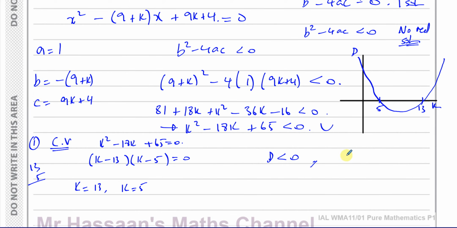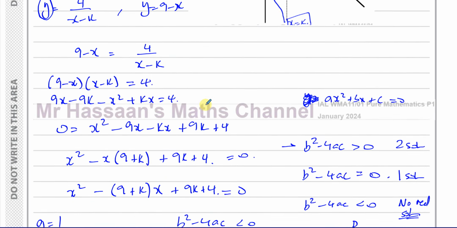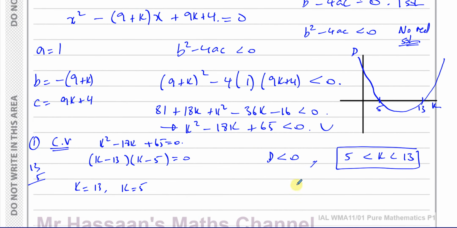When k is between 5 and 13. If the value of k is between 5 and 13, the discriminant will have a negative value. It says find the range of values of k. Good. So when k is between these values, you'll have no solution to the equation, and the curve and the line will never touch.